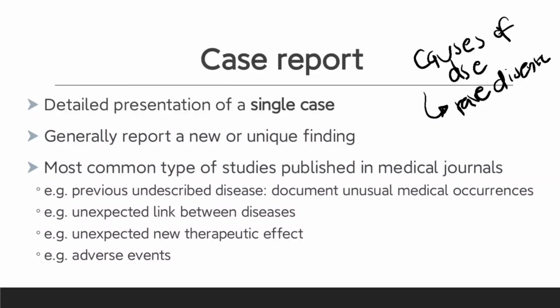So ano man yung makita ng mga clinicians na something new or unusual, okay, it might lead to identification of a new or a novel disease, okay, or pwede rin makapag-develop yung mga clinicians ng new therapeutic effect, no, or even adverse effect ng mga exposure.